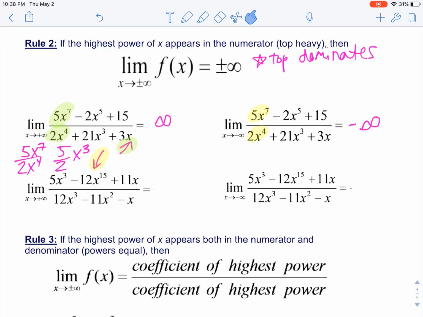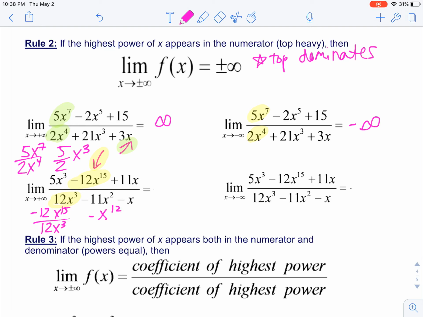Okay, for here, now they tried to make this tricky because the leading term is in the middle there, negative 12x to the 15th, 12x to the 3rd. So I'm going to do the same thing. I'm going to look at those leading terms and simplify. That's going to be negative x to the 12th.